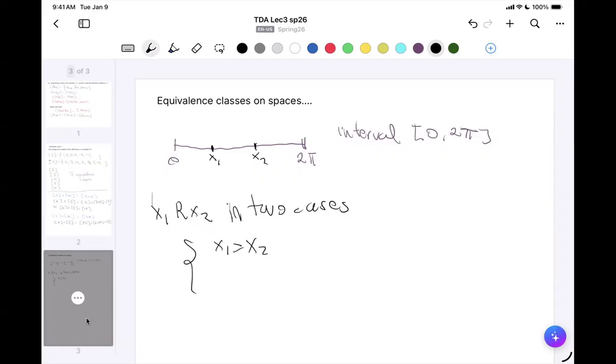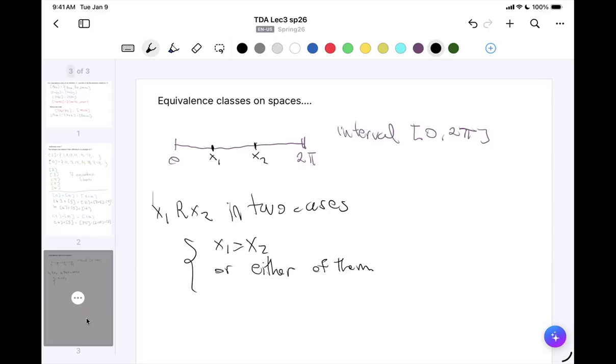The other case is when they are the endpoints. By the way, this is the math "or", which is not exclusive, meaning it's okay for both to happen simultaneously.